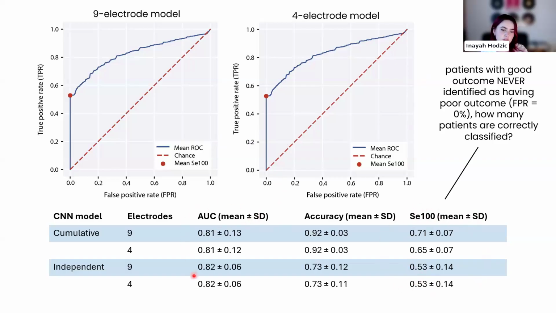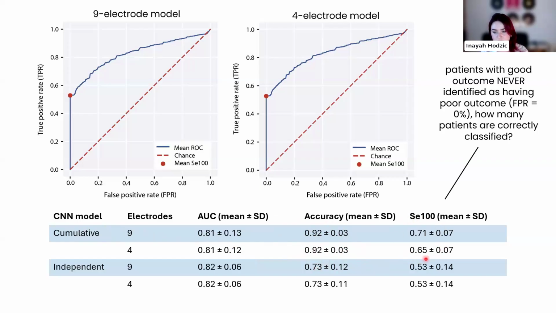So if I start with the AUC level here, we see that there's actually not much difference between the cumulative model and the independent model, and also not between the 2 electrode configurations. However, when we look at the accuracy, we see that there is quite an increase, and I want to say a significant difference, between the cumulative model, in which we cumulatively increased the data each hour, in comparison to our independent model where we kept the data independent and isolated at different time points.